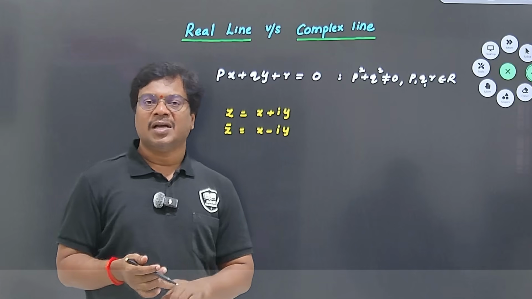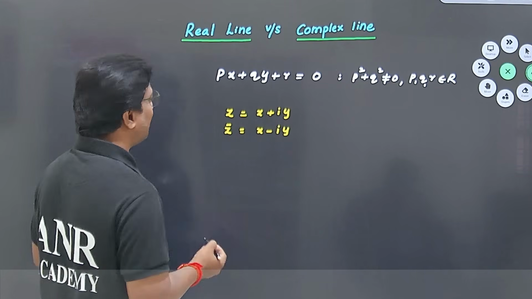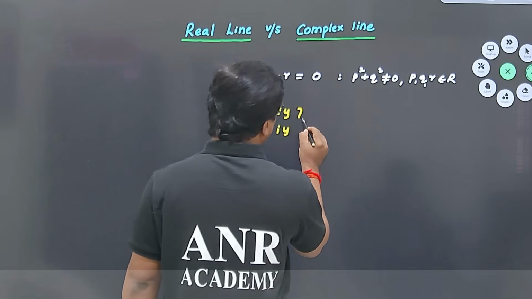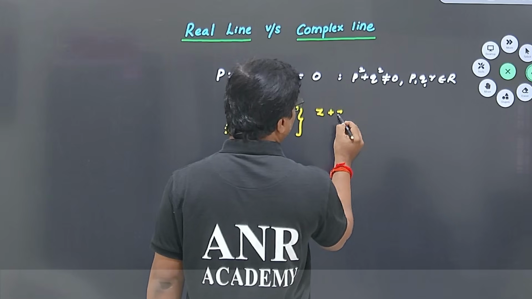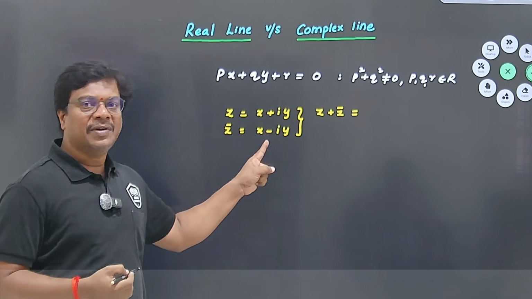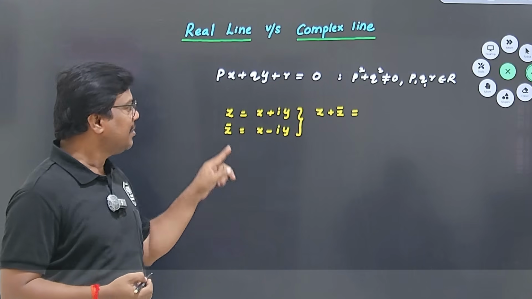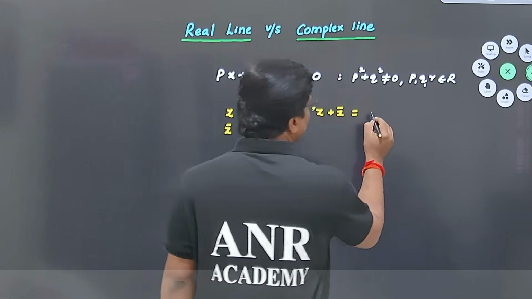Now adding z and z conjugate, observe that the iota y and negative iota y cancel and we only get x plus x, that is 2x.